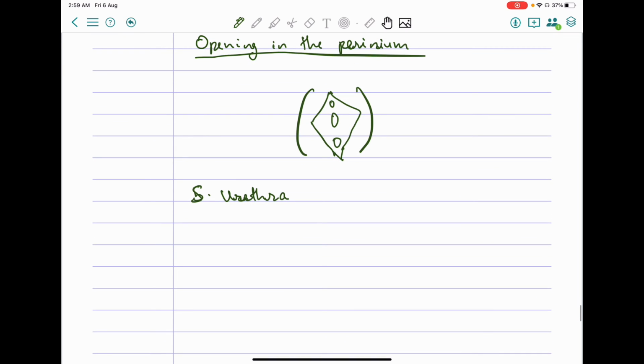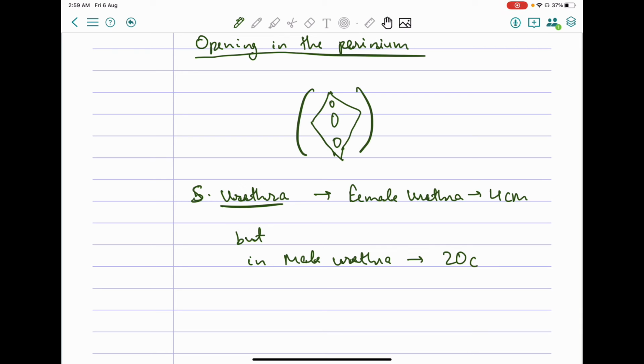First I'm going to talk about the female urethra. We all know that the female urethra is only 4 centimeters, so it is lined by stratified squamous epithelium. But the male urethra is longer than the female urethra, that is 20 centimeters.